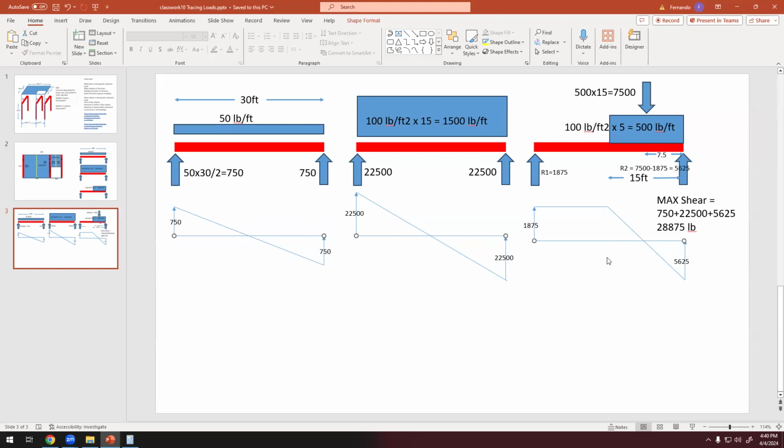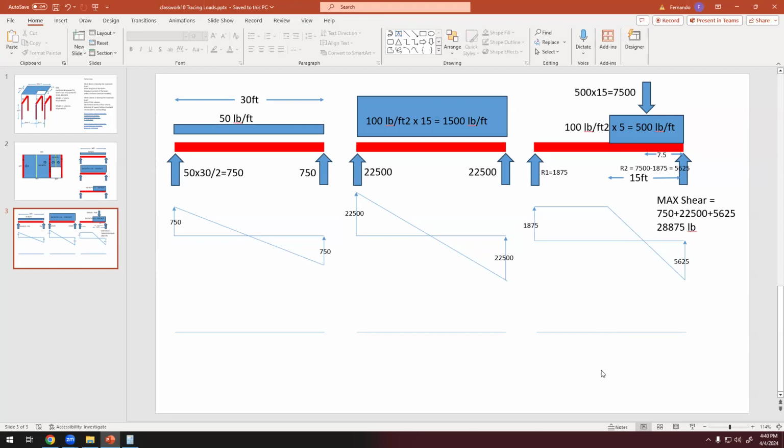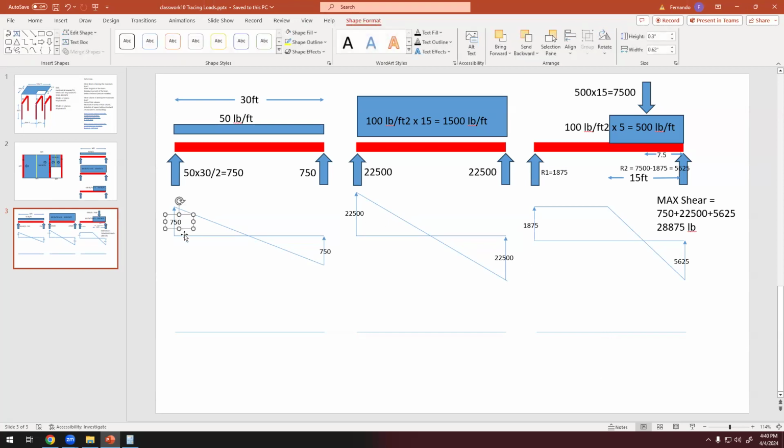Okay, what's next? The bending moments. So we're going to calculate the bending. What's the bending moment of a uniformly distributed load? W times L squared divided by 8. Okay.